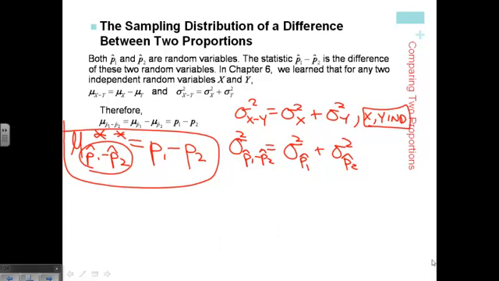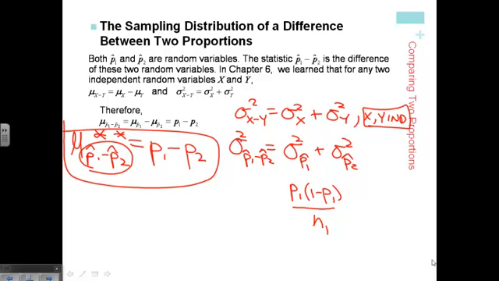Okay, well, what's our next step? Our next step would be to write down the variance of p hat 1. Well, I believe it is P1 times 1 minus P1 over N1. Kind of looks like the standard deviation formula without the square root. Well, that would make sense.